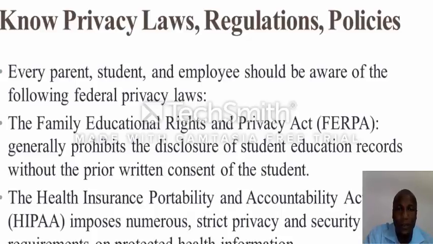In many countries, or almost every country, has federal privacy laws, and you're supposed to know about it so that you cannot violate the rules of the country you are residing in. The Family Educational Rights and Privacy Act generally prohibits the disclosure of student education records without the prior written consent of the student.